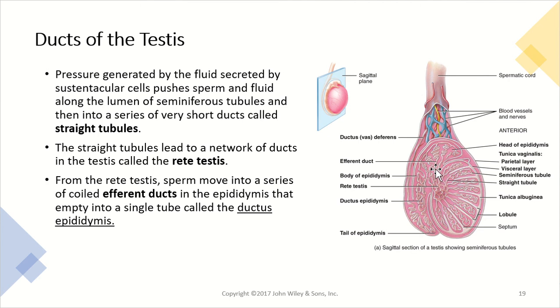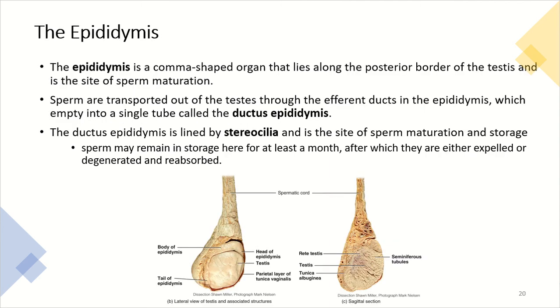And these are located in the epididymis, and they are going to empty into a single tube called the ductus epididymis. The epididymis is going to be a comma-shaped kind of organ that you can see here. It's going to lie along the posterior border of the testes and is going to be the site of sperm maturation.